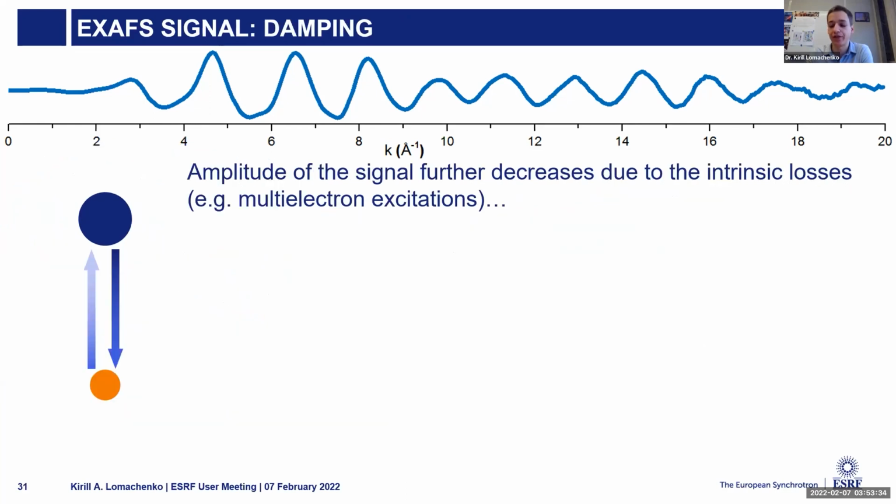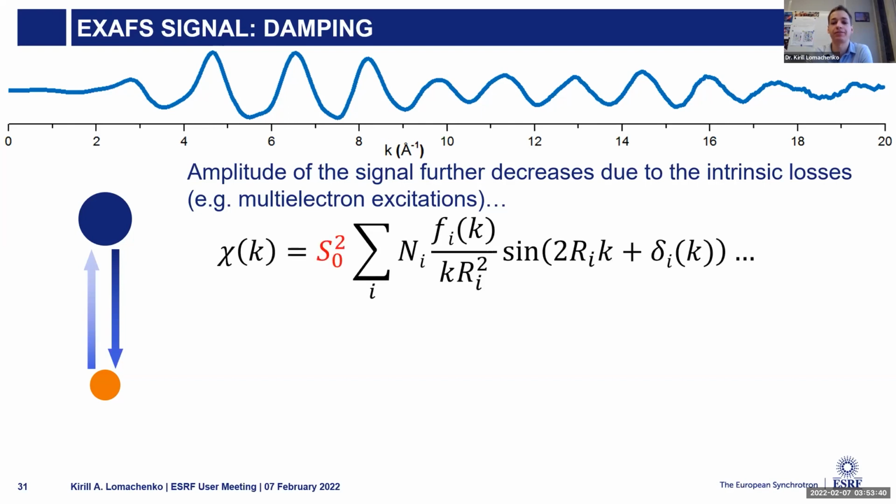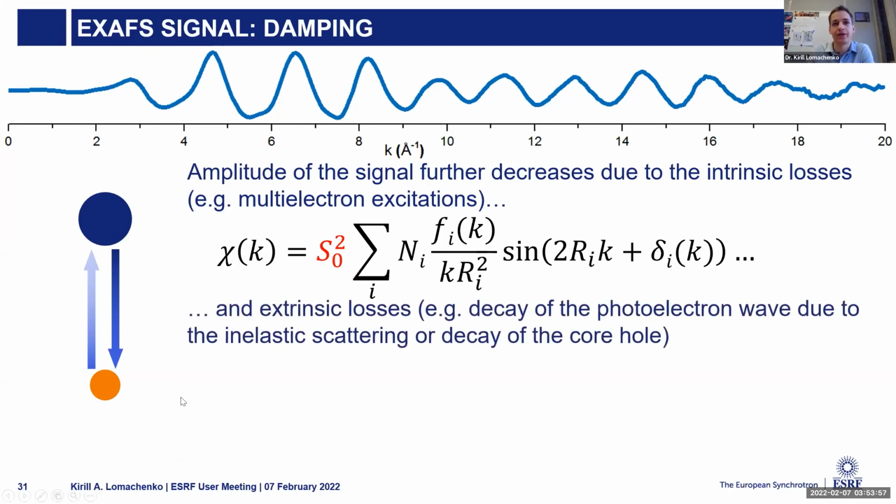The photoelectron wave also undergoes some losses during the propagation. It can be intrinsic losses, because we can have, for example, multi-electron excitations during the absorption of the photons. And this is taken into account by an S0 squared term inside our equation.